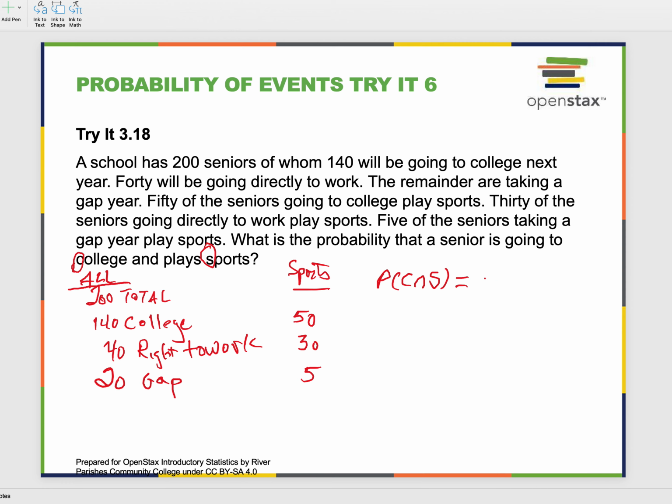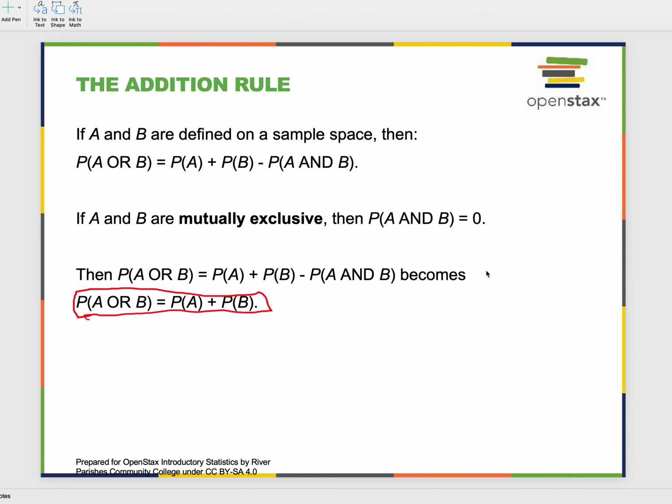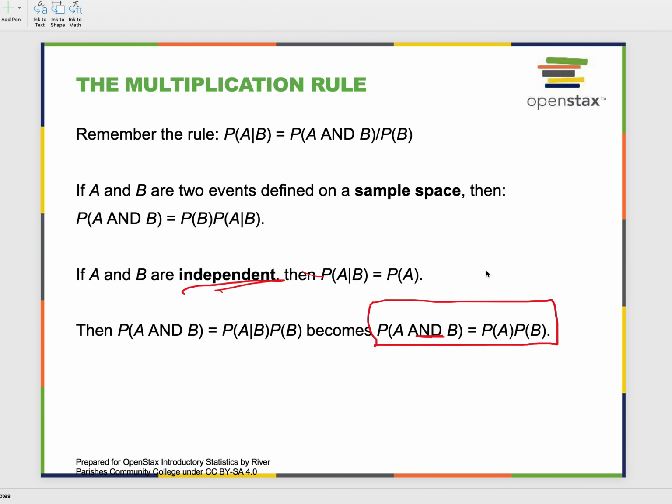It's the probability of, well, what do we say that was? This is a multiplication. We have the probability of college and sports. So it's the probability of B and the probability of A given B. Well, or we just do the counts.